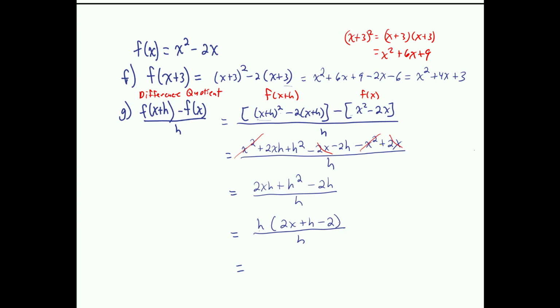And then the h's are going to cancel. And we'll end up with 2x plus h minus 2, provided that h is not 0 because h was in the denominator. Now, like I said, we'll talk more about that as we move forward. That's kind of the tricky part about this.